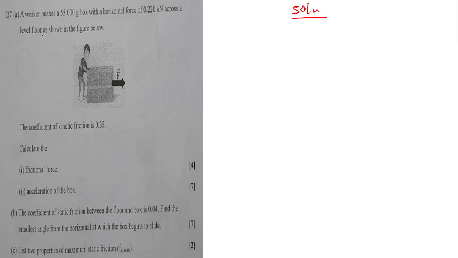So from here we can collect our data. We have been given the mass, which is equal to 55,000 grams. You need to change it into kg by dividing throughout by 1,000, and this will be 55 kg.